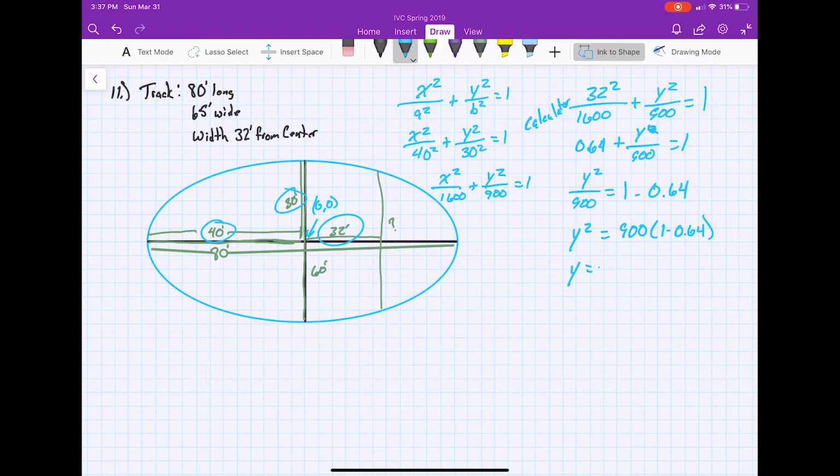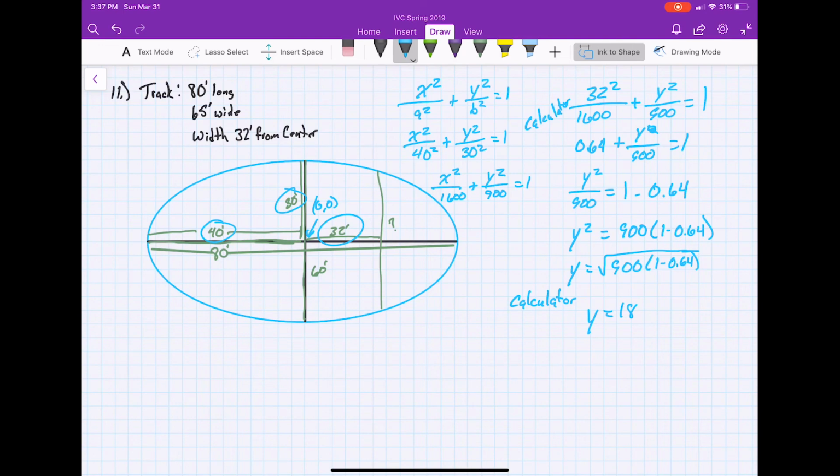So we get the square root of all of this, which is going to also be another job for our hero and savior, the calculator. And that is going to give us y equals 18.